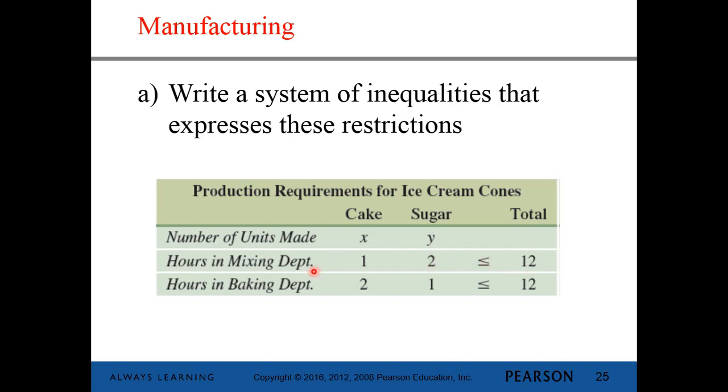And then for the baking department, 2 hours for every batch of cake cones plus 1 hour for every batch of sugar cones. This total number of hours cannot be more than 12. That becomes our system of two inequalities with two unknowns.